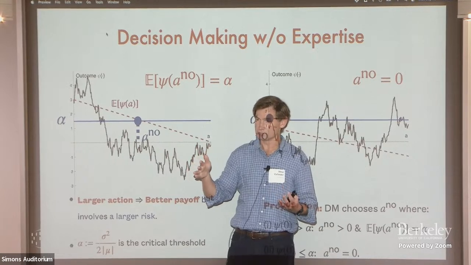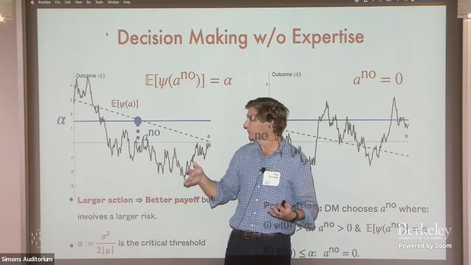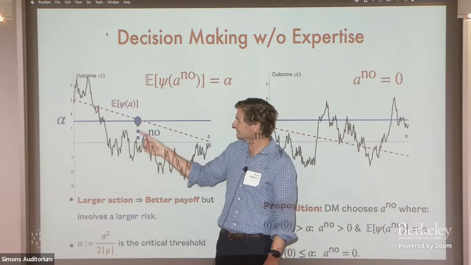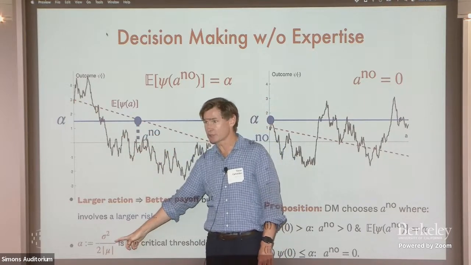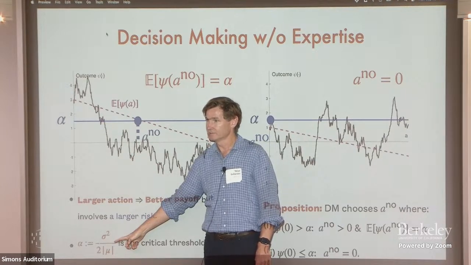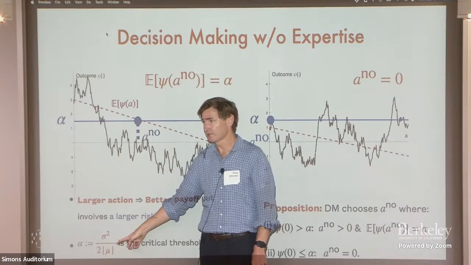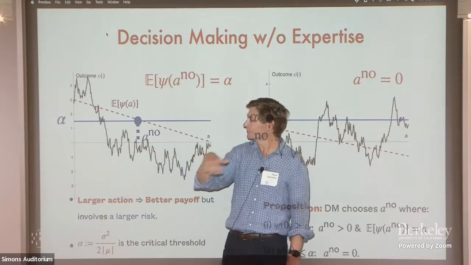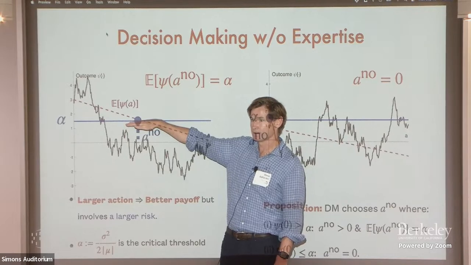Because I'm going to assume quadratic utility, this trade-off comes out super cleanly: if you start at some point here, you choose the action that has expected outcome alpha, where alpha is the ratio of the variance over the drift times a half. This ratio comes up a lot in this paper and my other papers. Basically, the risk is worth the extra return until you hit this level, and then it's not. So that's what you choose.